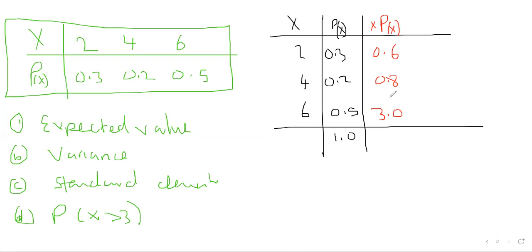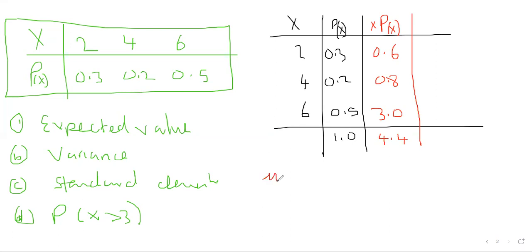When you total this up, here we have 4.4. So this is how we find the value of the mean. As simple as this.